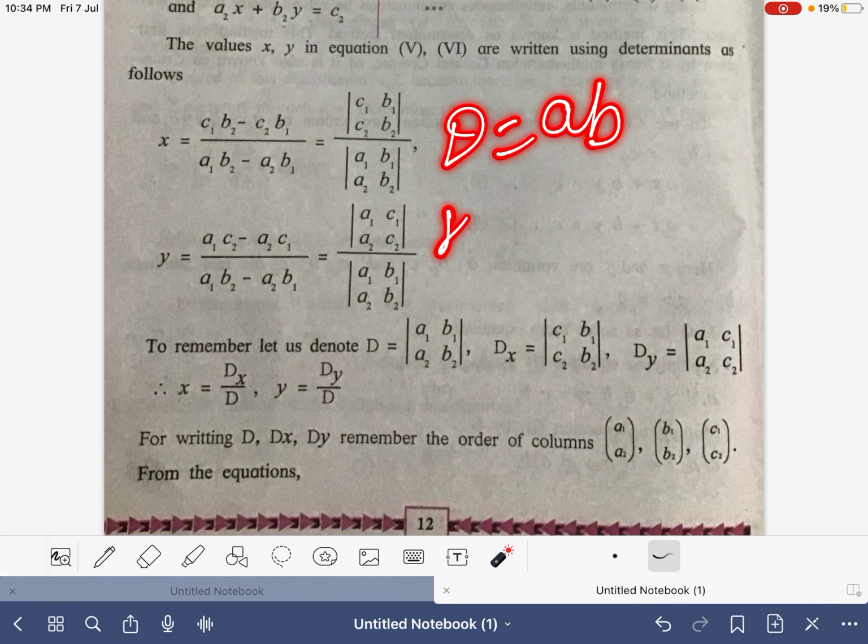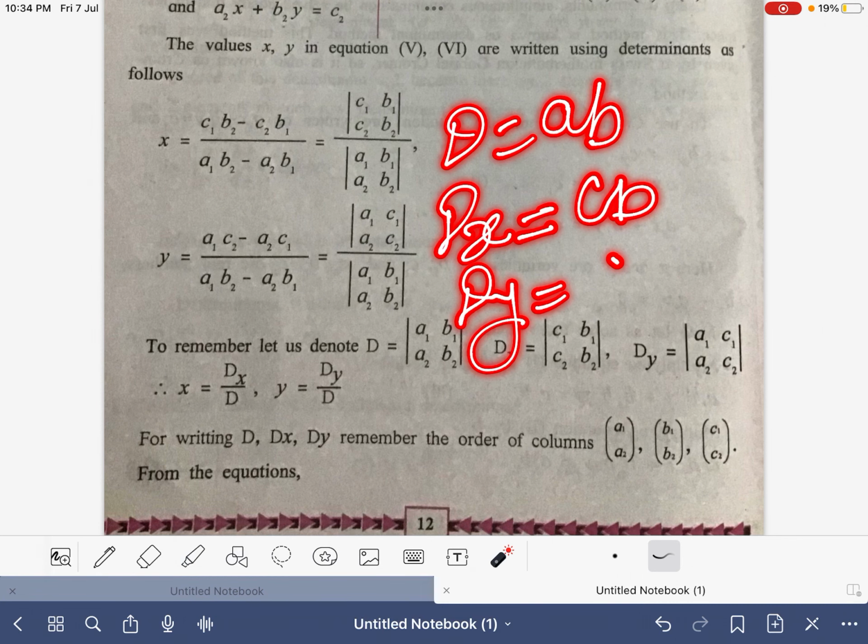Okay, next one, dx. dx is equal to cb, and dy is equal to ac. So we have to keep in mind d is equal to ab, dx is equal to cb, and dy is equal to ac.